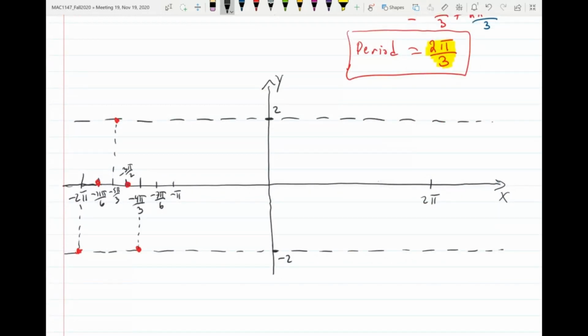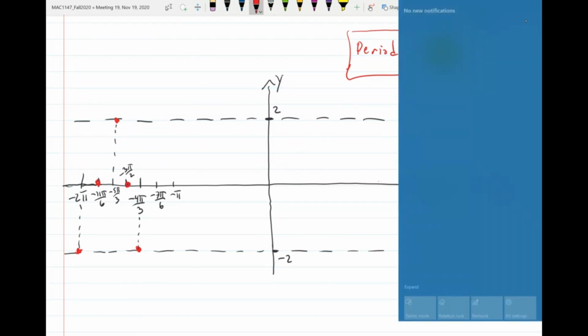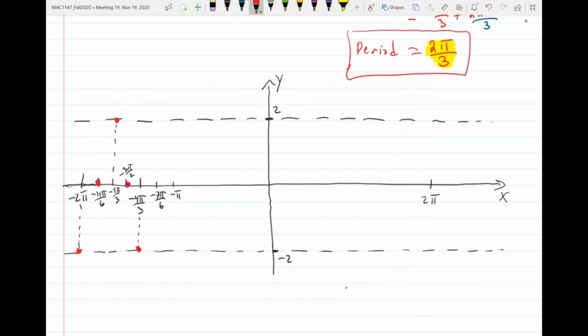And then it will be down to negative 2 at negative 4 pi over 3. So now with this, we can draw the main cycle. So the main cycle will look something like this. Okay? So that's how the main cycle will look.